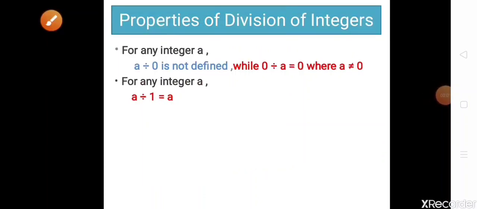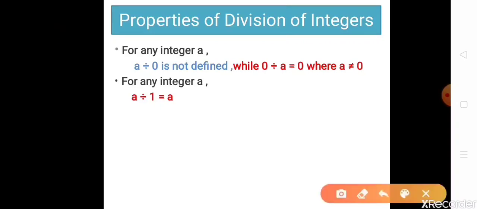Unlike the other three fundamental operations that we have done, division of integers doesn't have any specific property with a specific name. You will come to know the reason later on, but we have only two properties to discuss here without any particular name. So here comes the first property. First property says that for any integer a, a divided by 0 is not defined, while 0 divided by a equals 0, where a is not equal to 0.